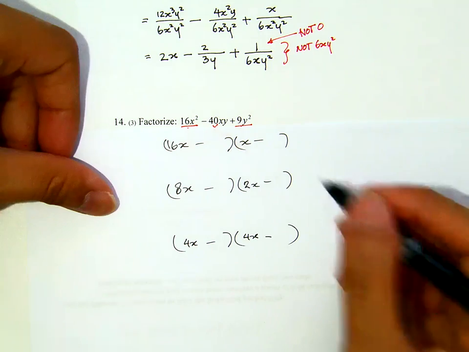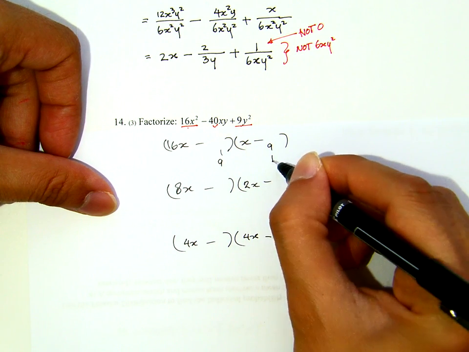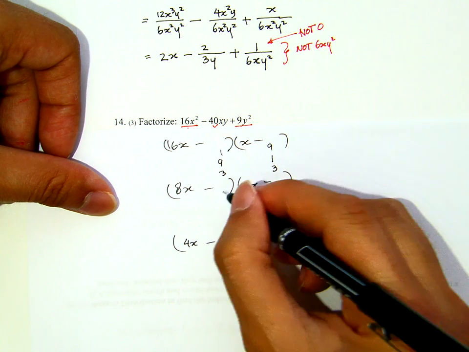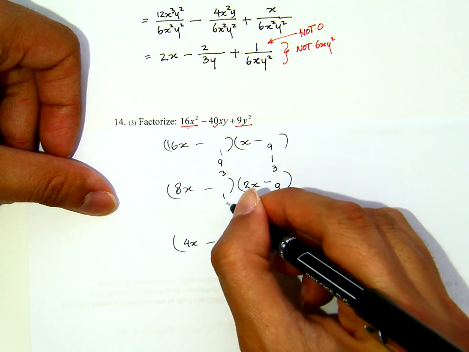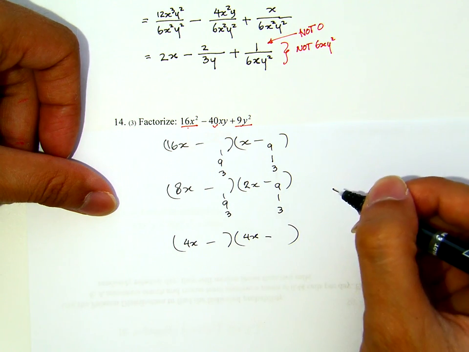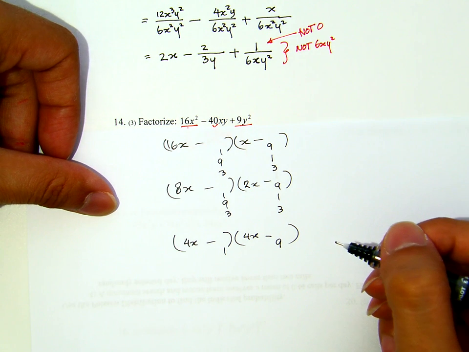And then for the 9, it's either 1, 9, 9, 1, or 3, 3, right? Hold on, is it the one?